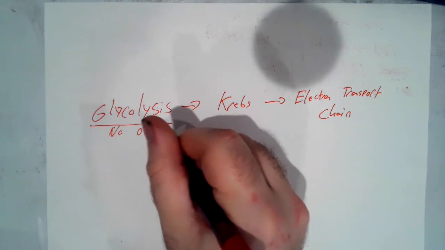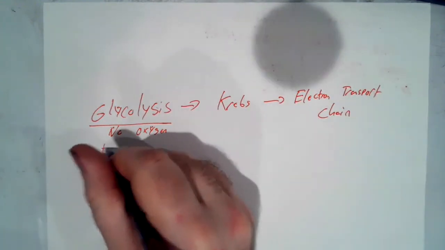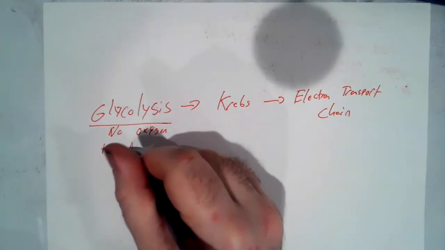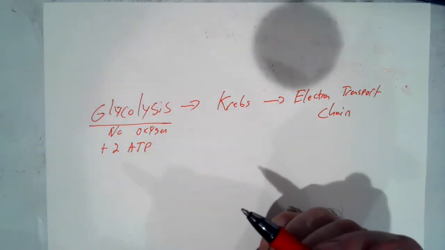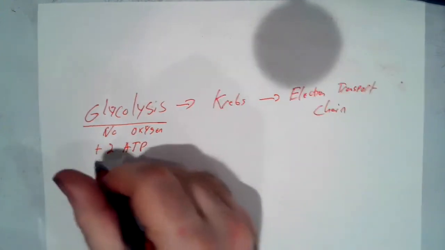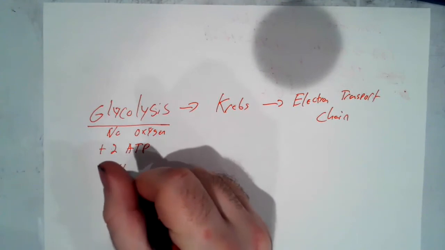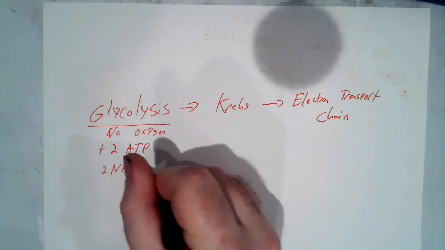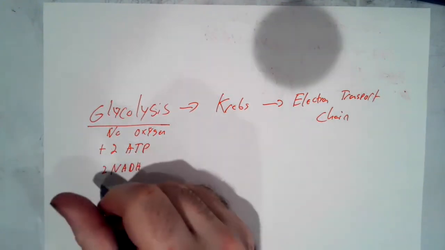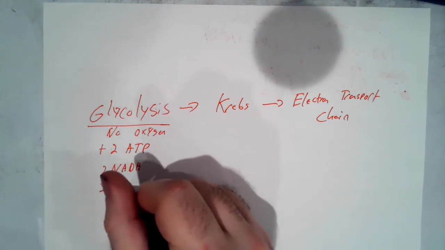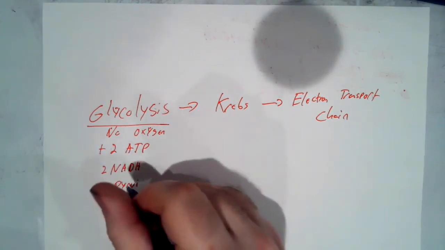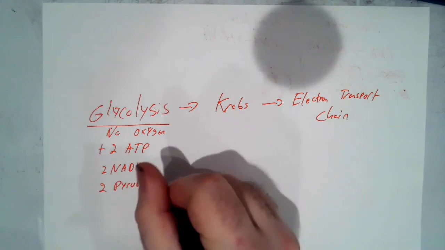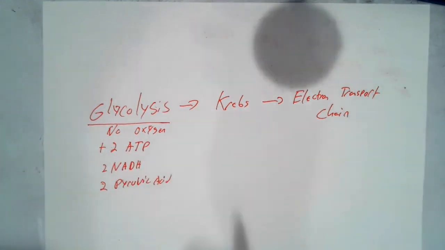That's really important that you know that. We get 2 ATP, and we get also 2 NADH and 2 pyruvic acid. I might be spelling this wrong, so pyruvic acid. It's actually the proper one.